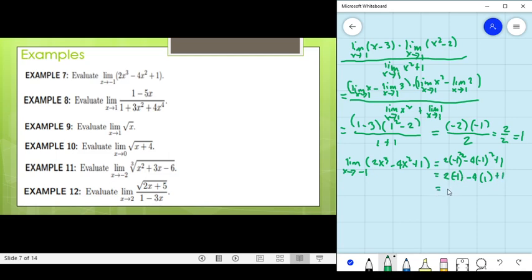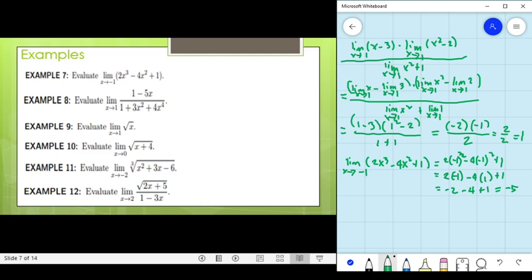So this one is -2 and this one is -4, plus 1. So -2 minus 4 is -6, plus 1 is -5. Therefore the limit of 2x cubed minus 4x squared plus 1 is -5.